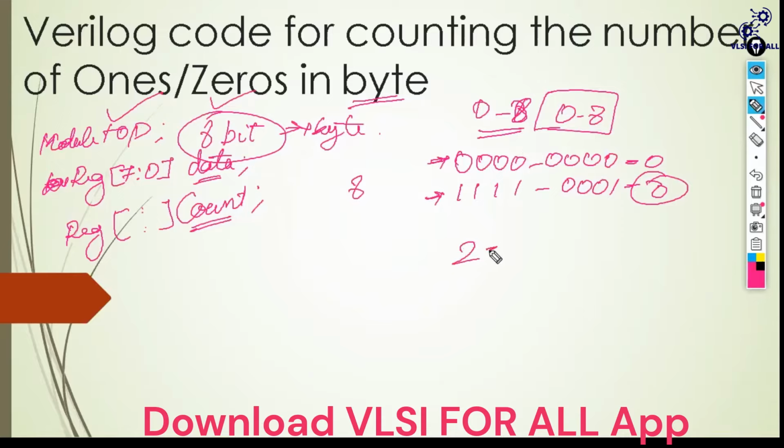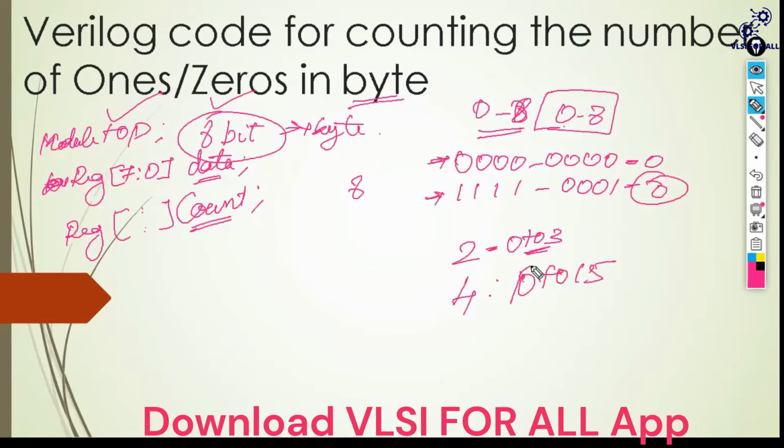If it is a 2-bit variable, I can store 0 to 3, right? To store 0 to 8, how many bits do I need? 4.